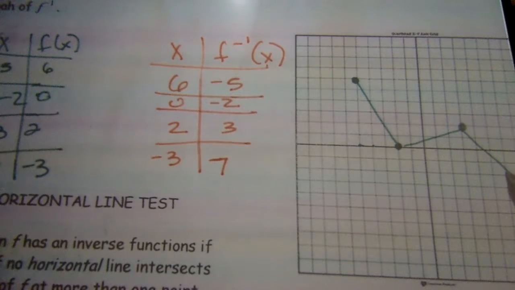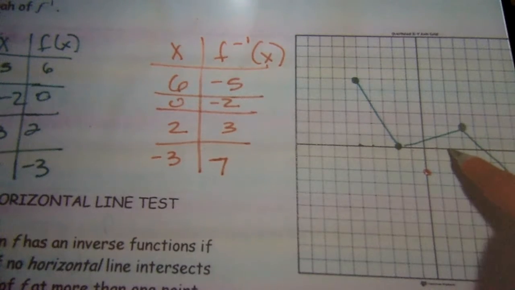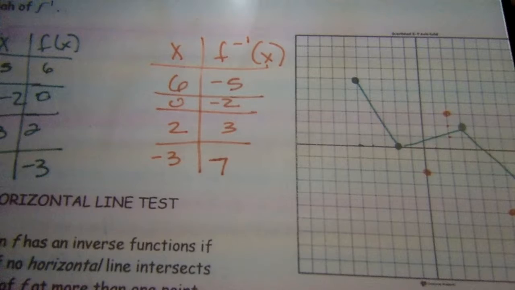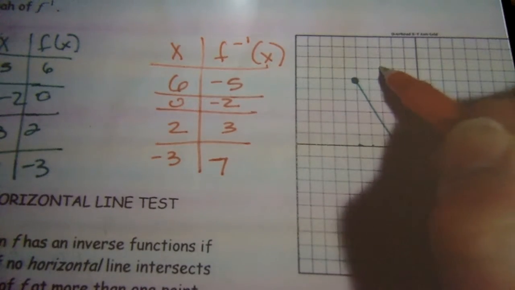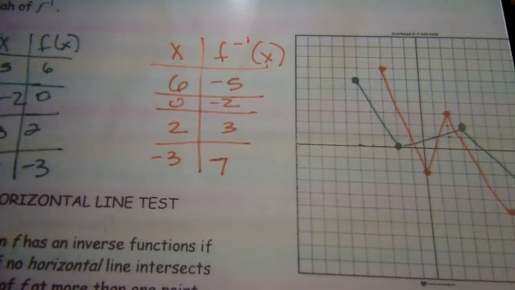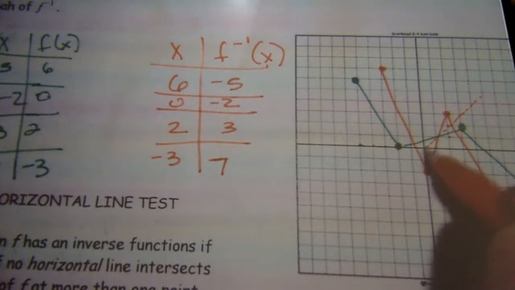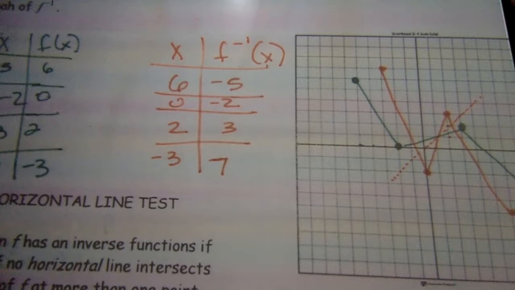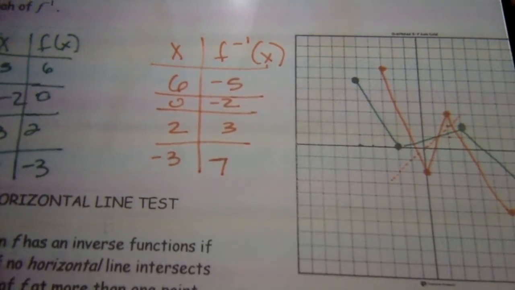So 6, -5. 0, -2. 2 and -3. Questions there?